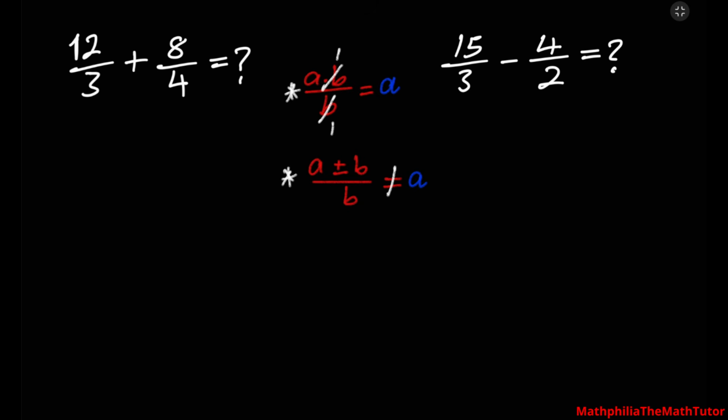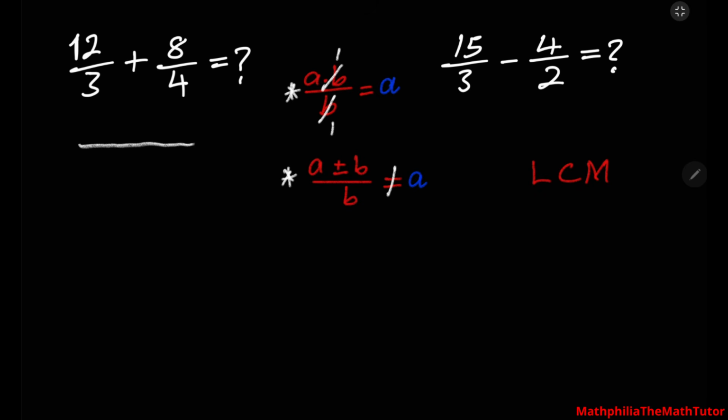Now we have 12 over 3. If I want to solve this using fractions or rationals, the first thing we have to think about is LCM. We have what we call LCM, that is the lowest common multiple. L stands for lowest, C common, and M multiple. So what do we mean by the lowest common multiple?